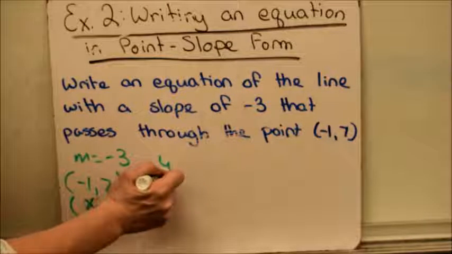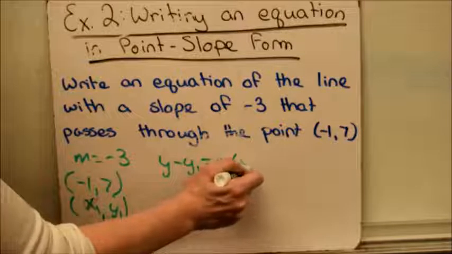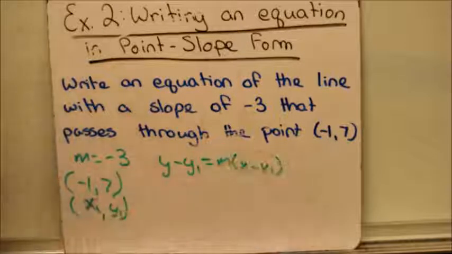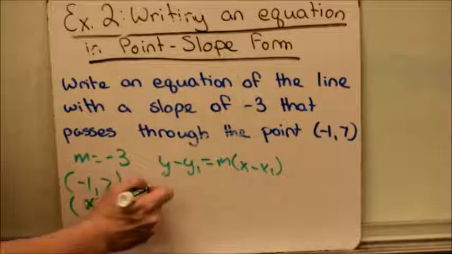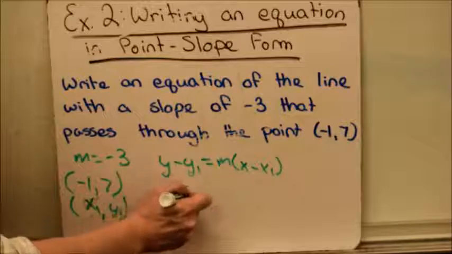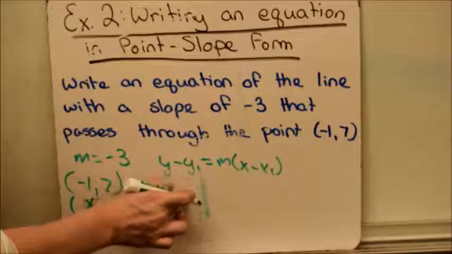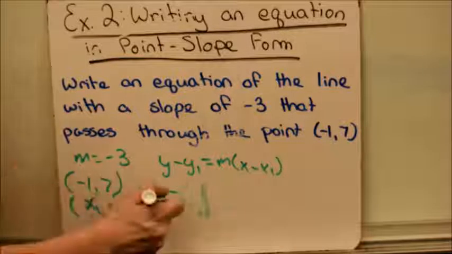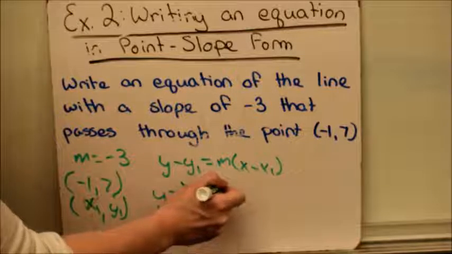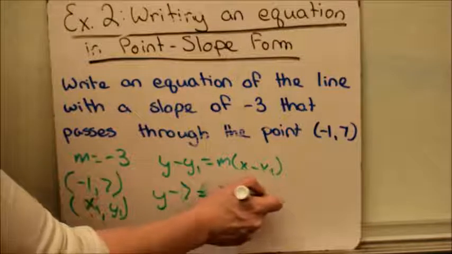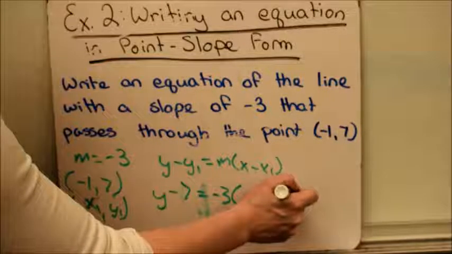So we can take y minus y1 equals m times x minus x1 and take these pieces and plug them into our equation. So we have y minus -1, or I'm sorry, I made a mistake. y1 is 7, so y minus 7 equals m, which is -3, times x minus x1, which is -1.